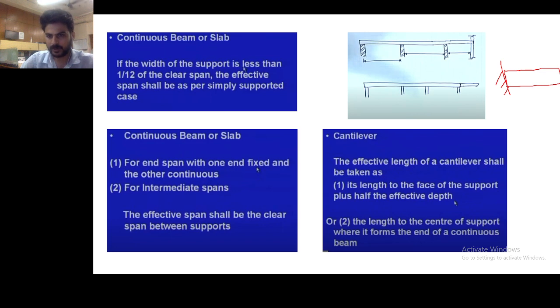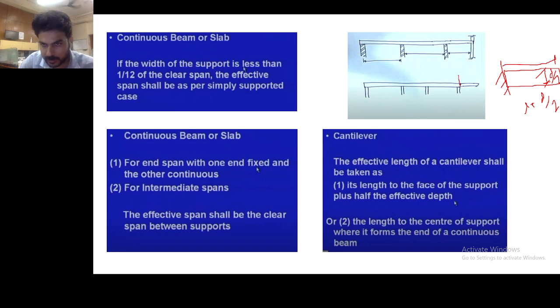Its length to the face of the support plus half the effective depth. Let's consider this is the effective depth d, then d by 2. So L plus d by 2 is the formula to calculate the effective length for the cantilever, or the length to the center of support where it forms the end of a continuous beam.